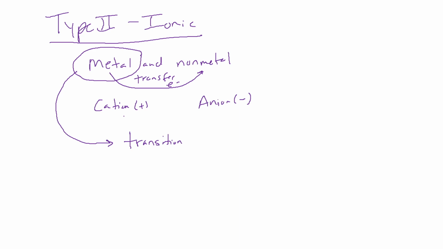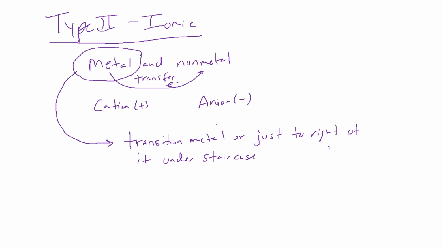transition metal, or the metals that are really just to the right of it, under the staircase there. And the staircase is where we have our semi-metals on the periodic table.